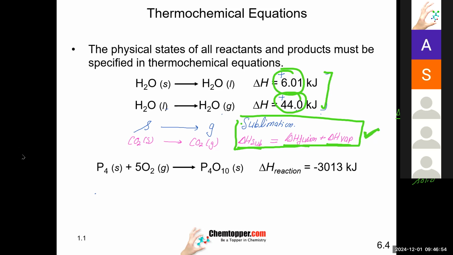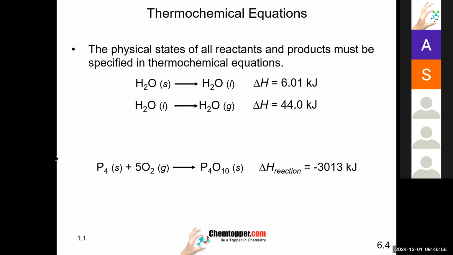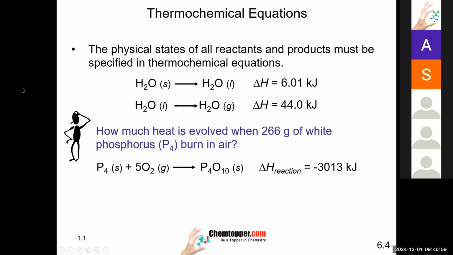Okay, can we do this question, children? This one? This is the reaction. This is the delta H of the reaction. Reaction is exothermic.